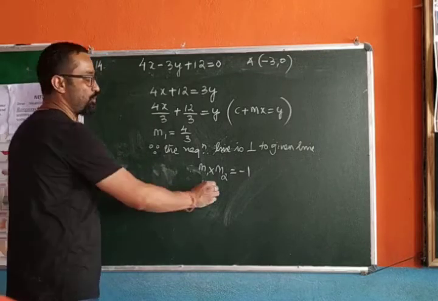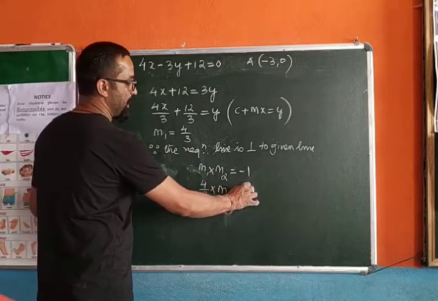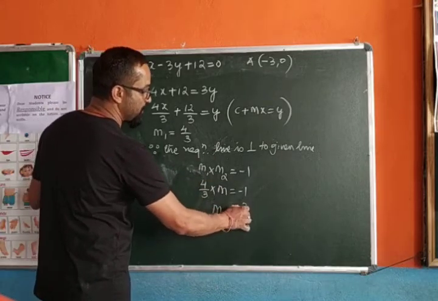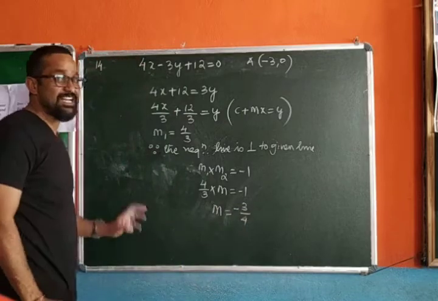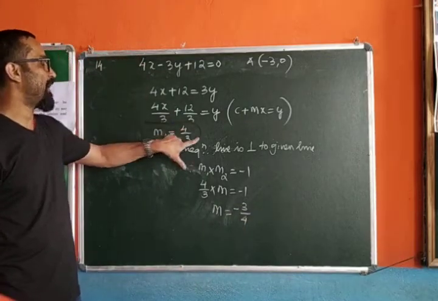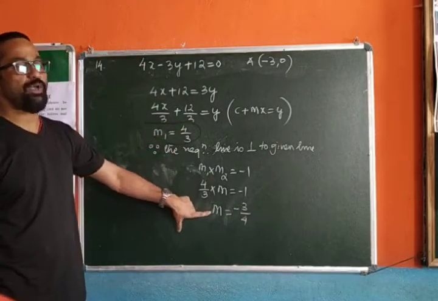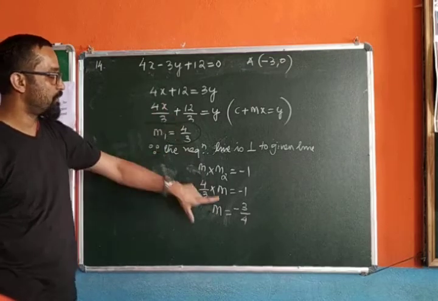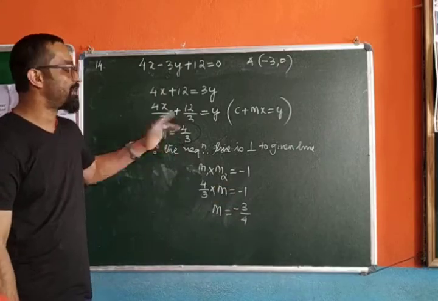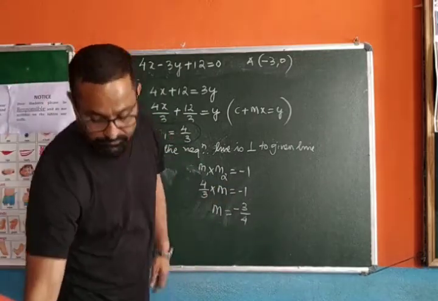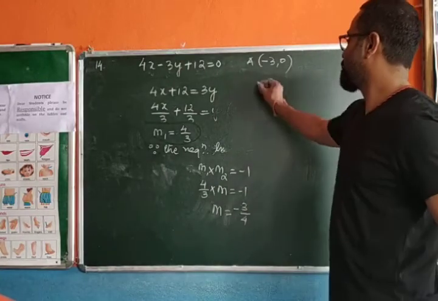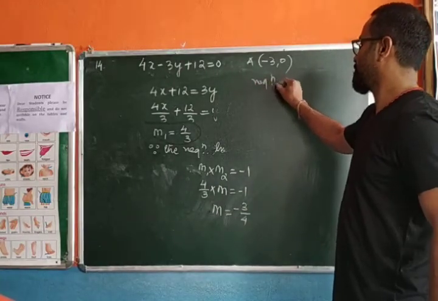Required slope is always taken as m. Cross multiply, m is equal to minus 3 by 4. As I told you, when you get m1, the required slope m will be the minus reciprocal of this. It is plus, so we put a minus sign and reciprocate it. After getting this slope, the required equation.